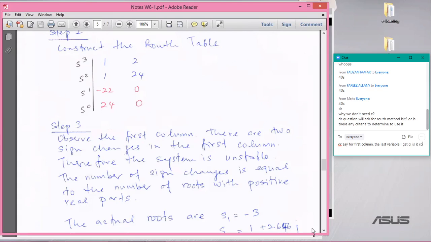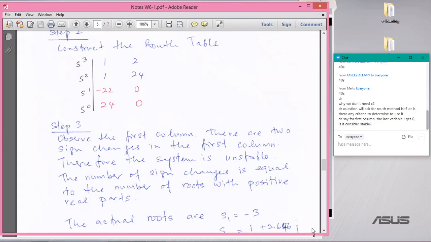As for some of you who possess some calculator that can compute the Routh, you don't want to learn how to construct the Routh table. I got that. I understand that. But sometimes the question will specify for you to construct the Routh table.